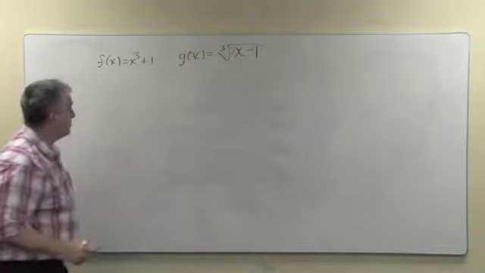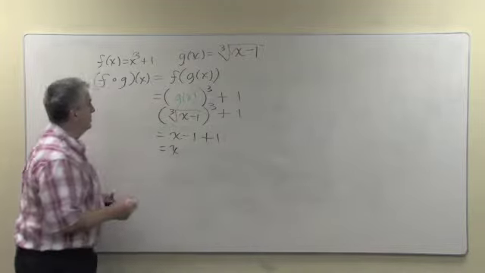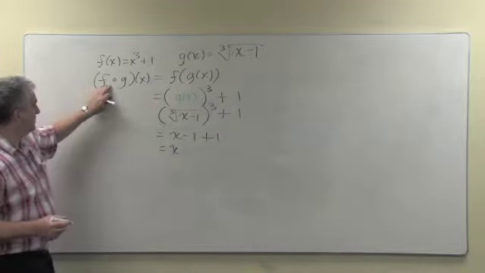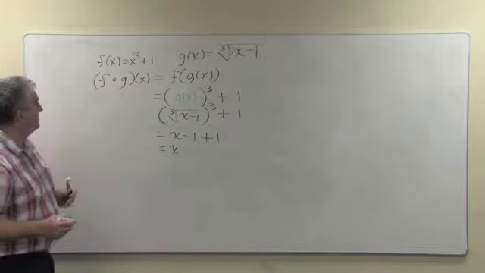So we get the cube root of x minus 1, cubed, plus 1. Now the cube root of a quantity cubed is just the quantity. So what we have here is x minus 1 plus 1, which gives me x. So the composition of f with g gives me x.